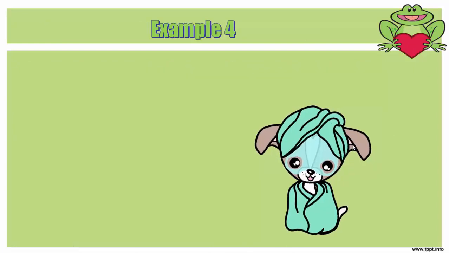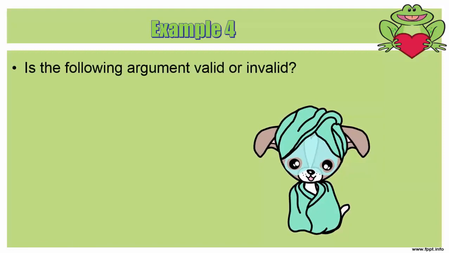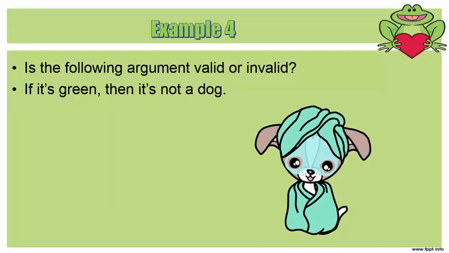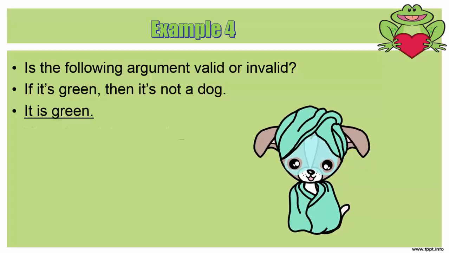So we're going to look at the following argument and see if it's invalid or valid. So, if it is green, then it is not a dog. It is green. Therefore, it is not a dog.